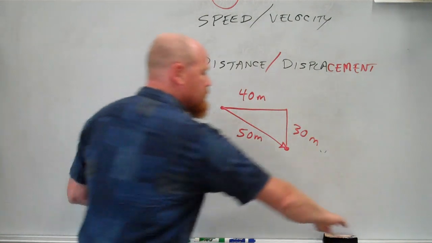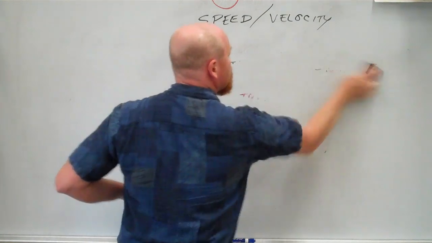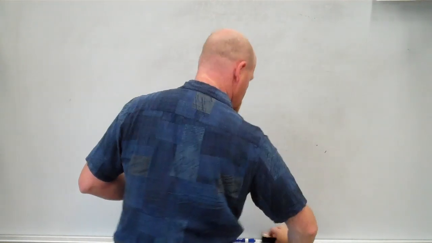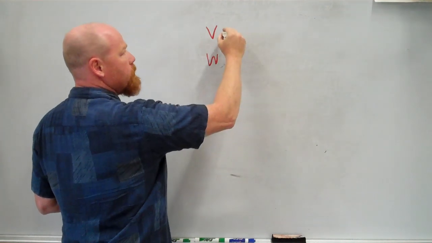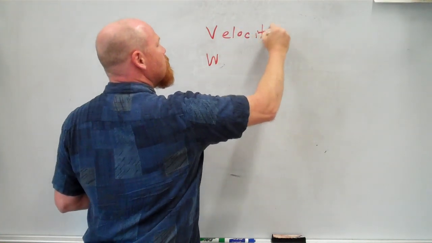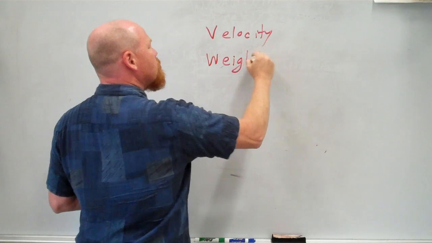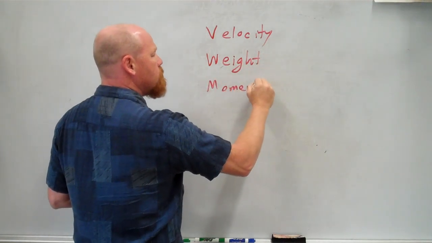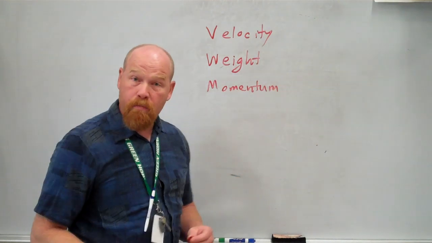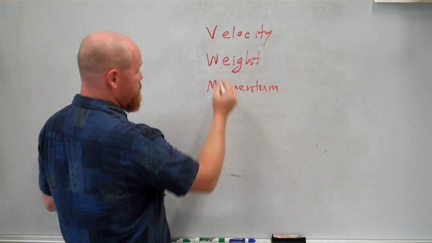Vectors, you need to know your vectors. Vectors will move fast in a given direction, and you know that stands for velocity, weight, and vectors will move momentum, which has the letter P. You remember that?